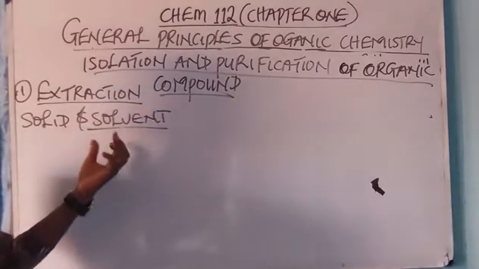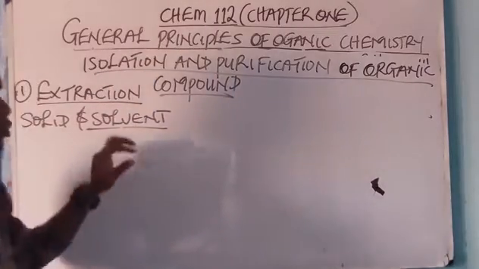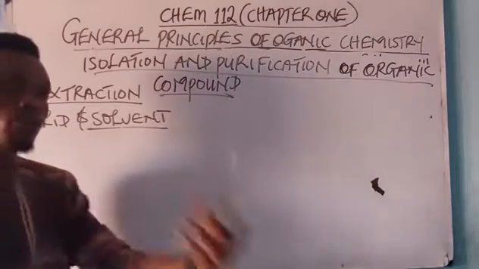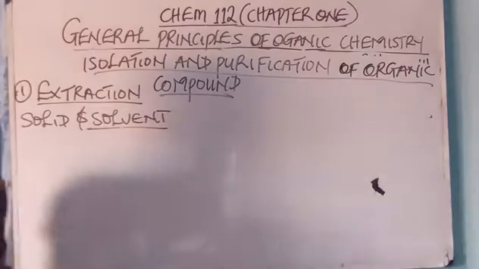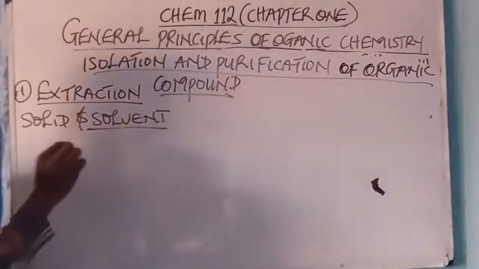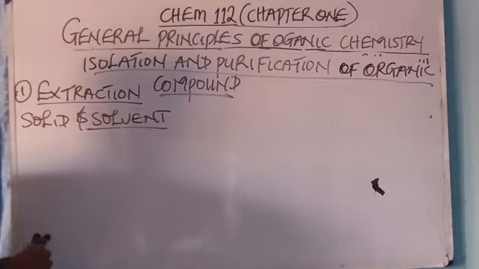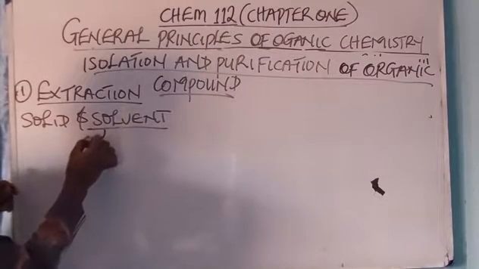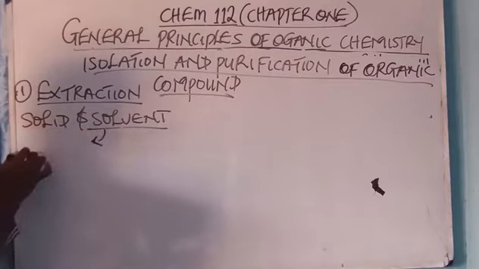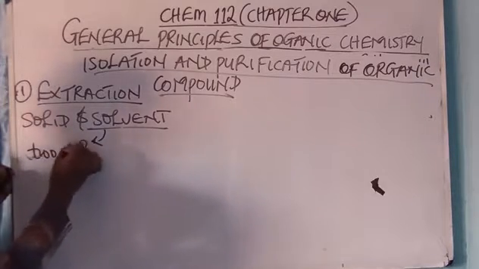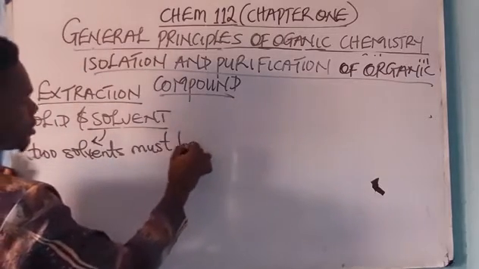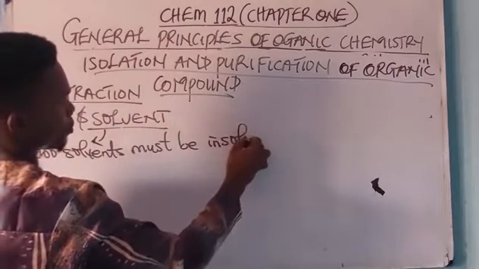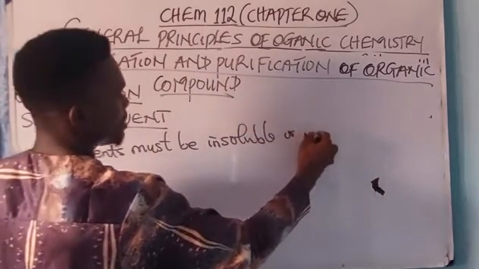Now, for a solvent to be used to extract another compound, such a solvent must have certain characteristics. For a solvent to be used to isolate a compound, the rule here is that the two solvents must be insoluble, or immiscible.